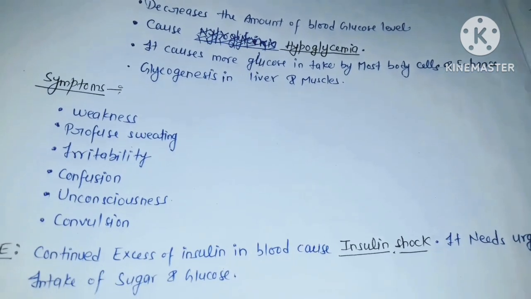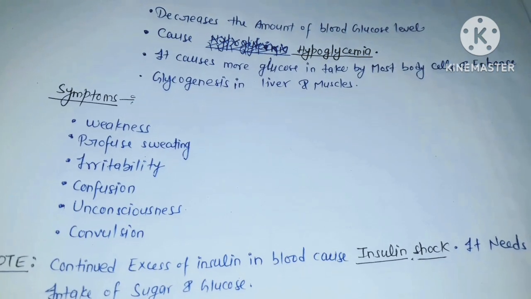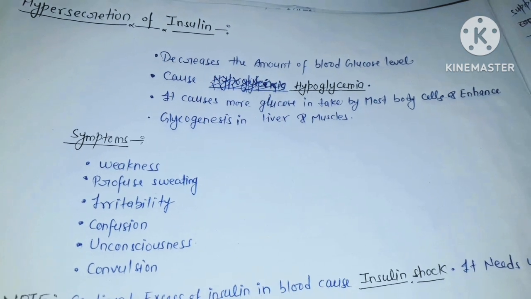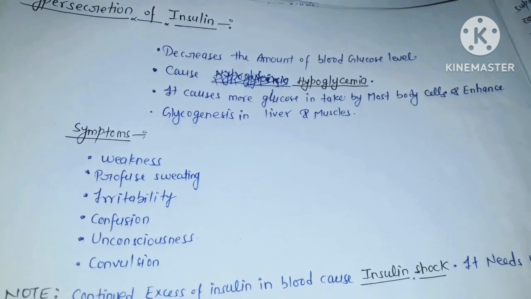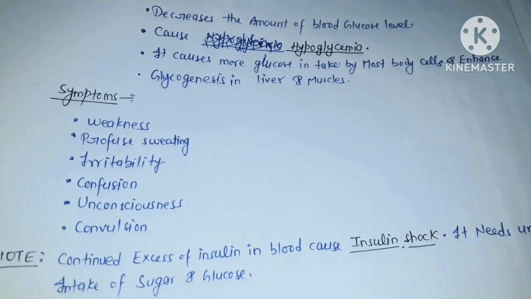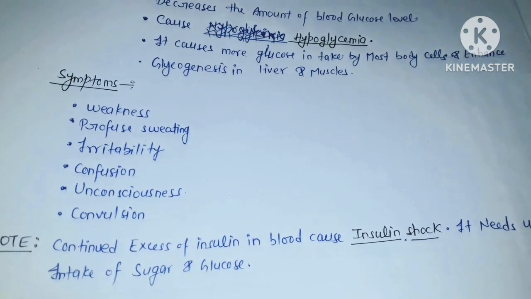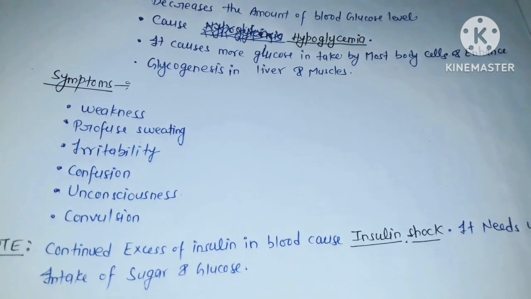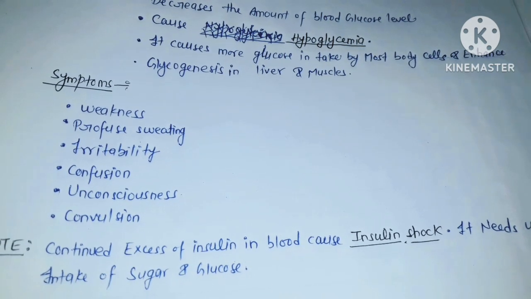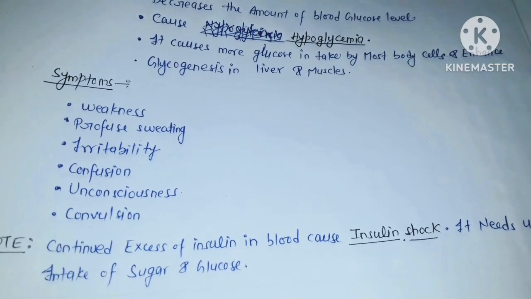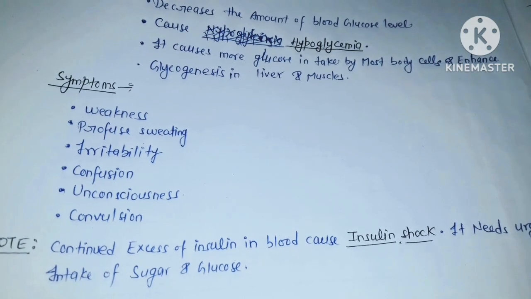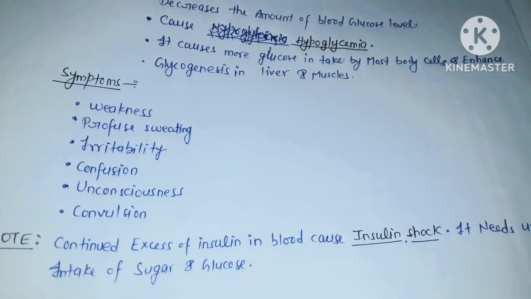After this I will talk about symptoms. When insulin is secreted in high amount in our blood, which types of symptoms appear? First symptom is weakness, second is profuse sweating, third is irritability, next is confusion, and then unconsciousness and convulsion.